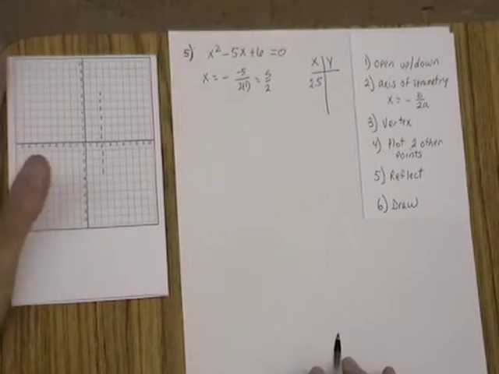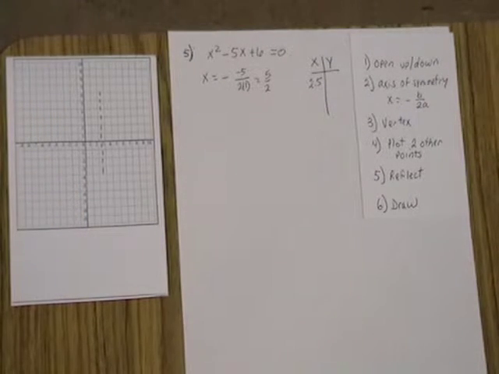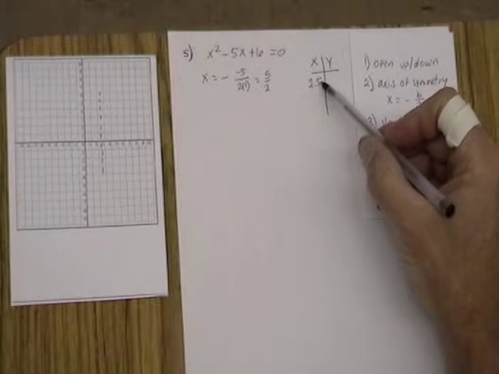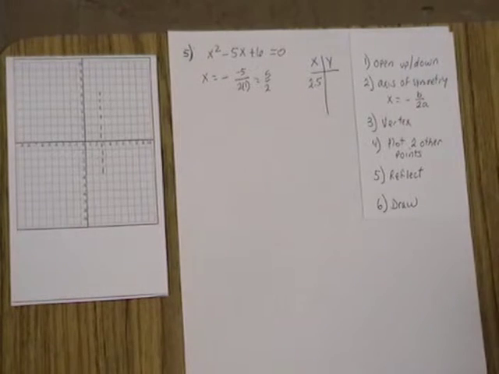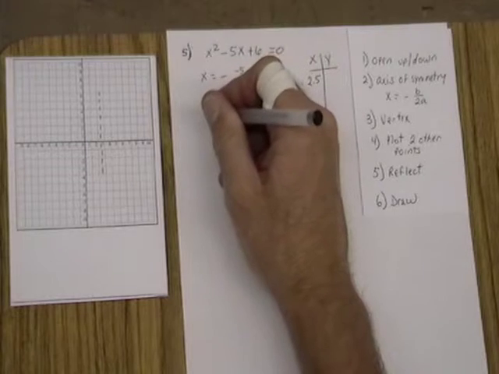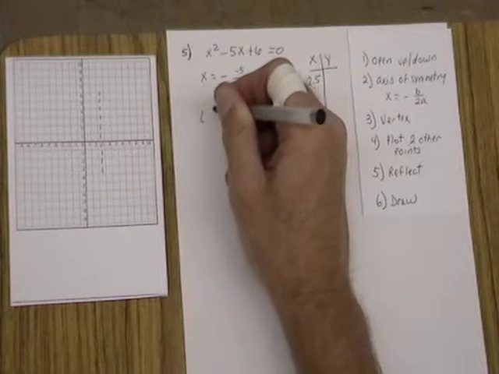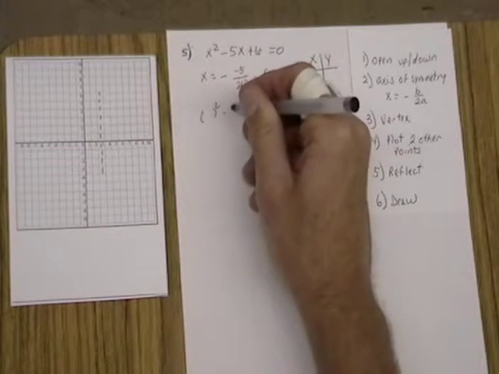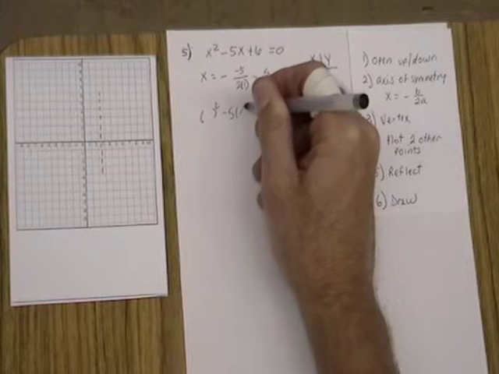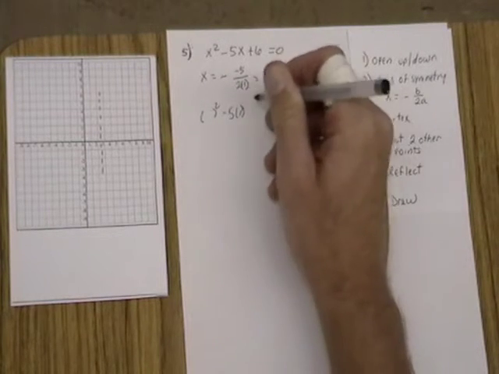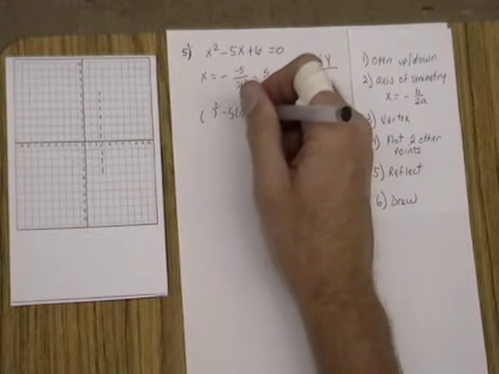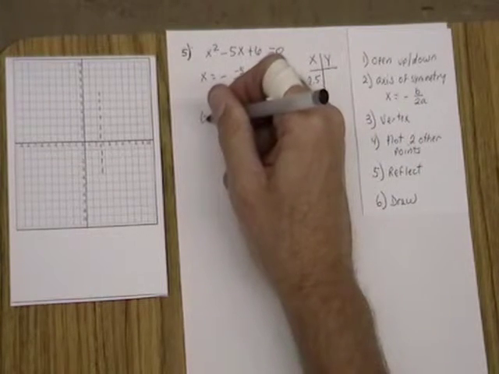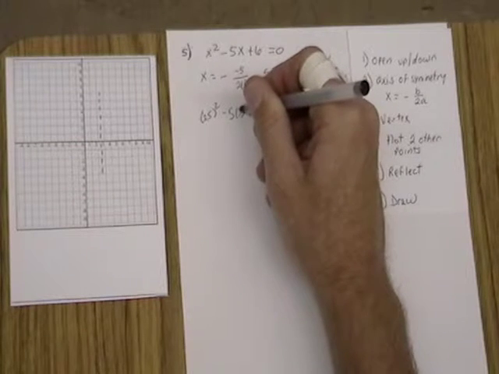We know that the vertex has to have an x value of 2.5, and so we substitute that in. We have x squared minus 5x plus 6, with 2.5 inside here and 2.5 inside here.